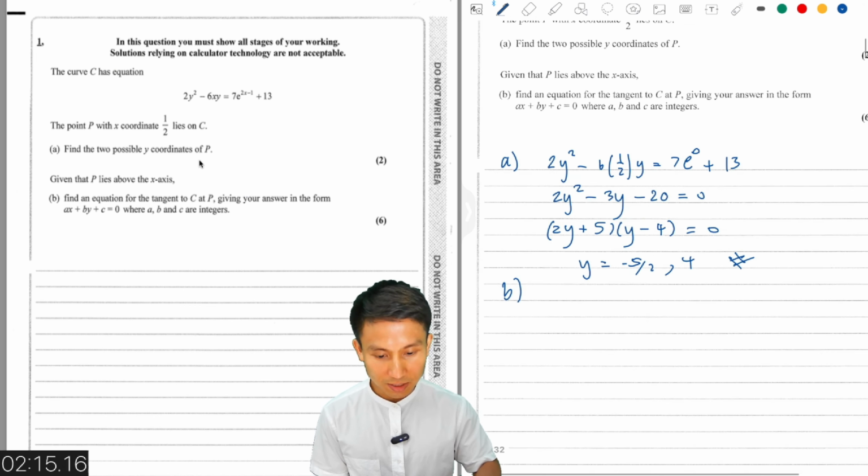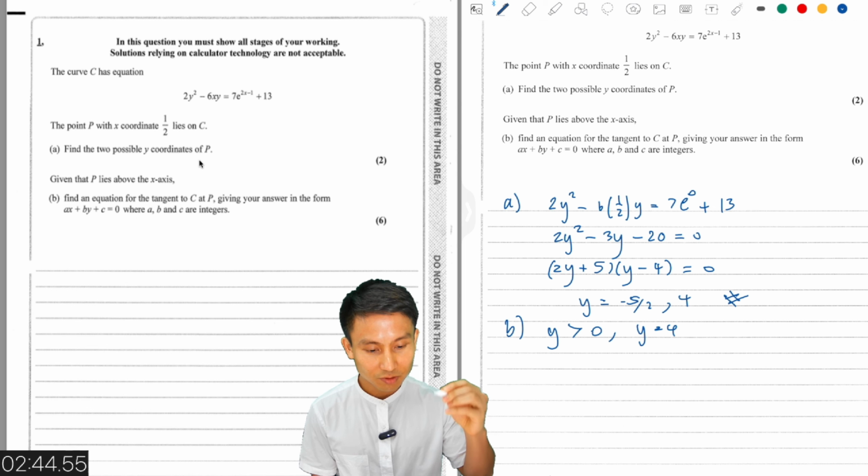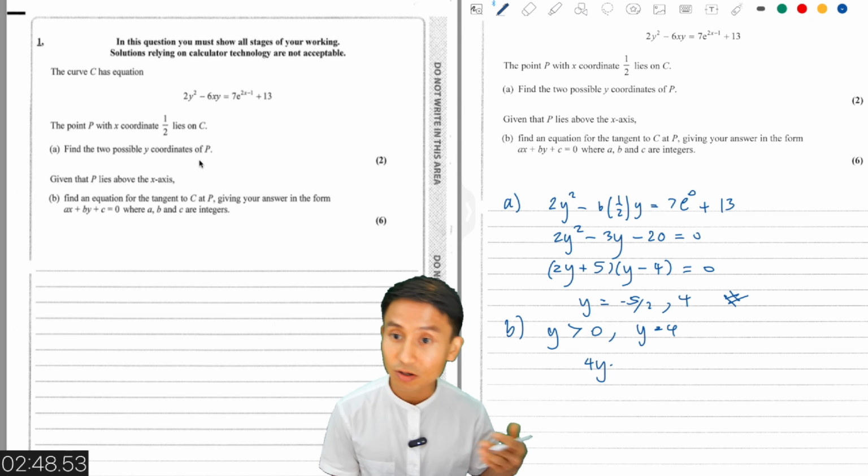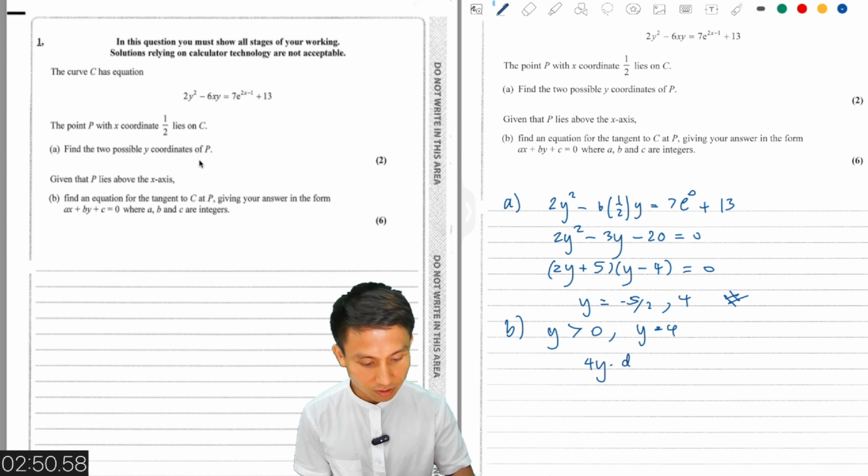Find the equation of the tangent to C at P. Give your answer in the form asked. Alright, so seems like we need to differentiate, right guys? So we do implicit differentiation here. Differentiating implicitly the first term, 2y squared, we get 4y, differentiating as if it were an x, and then we just do a chain rule, dy by dx.